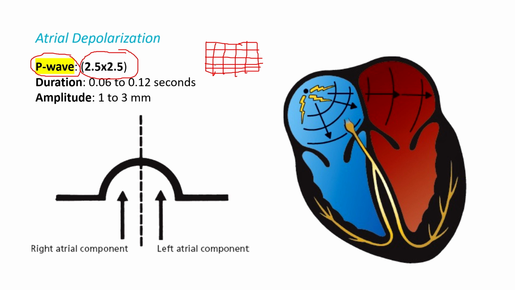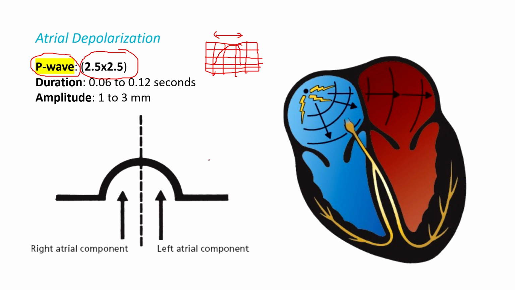Remember that the P wave will have an amplitude and duration of not more than 2.5. In other words, if there's 2.5, it will be like this. So from here to here, it should be 2.5 small boxes. I hope we made that clear.